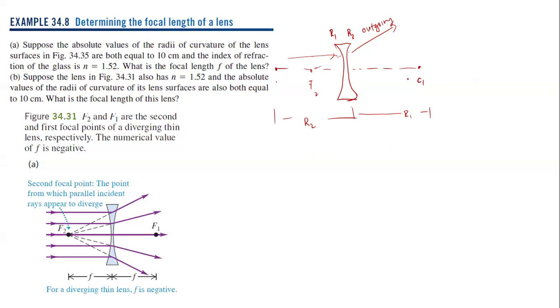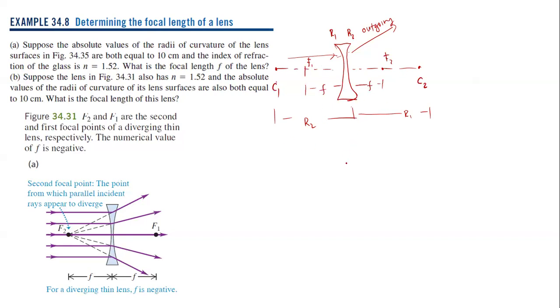So here this is now C2 and this is C1. Here we have F1, F2, and the distance here is F. From the rule, if the first surface is R1 and the second surface is R2, and the center of the curvature of that surface is on the same side as the outgoing light, therefore it's positive, otherwise negative.